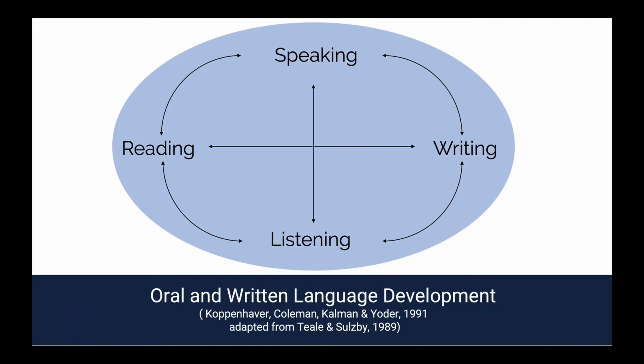We know that this integration is more effective than instruction that only focuses on reading, writing, speaking, or listening, because addressing them in an integrated way takes advantage of the arrows in this model. The arrows represent the synergy that results when, for example, students apply what they're learning about speaking or using augmentative and alternative communication while they're engaged in reading, writing, and listening.